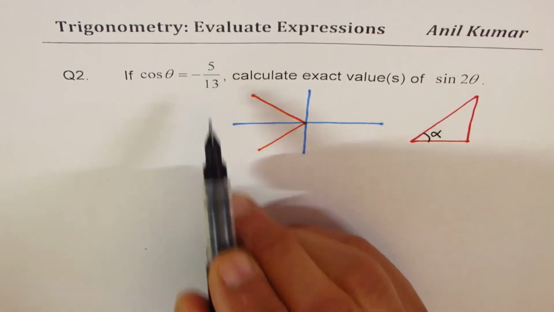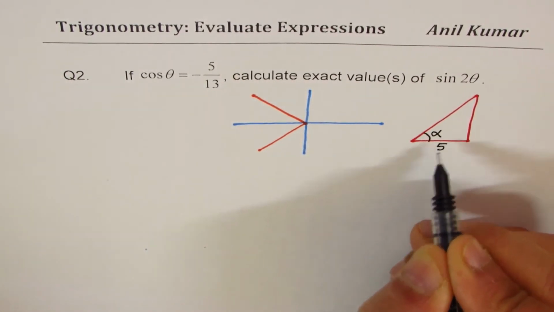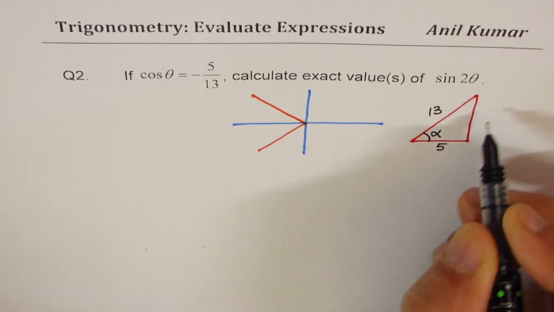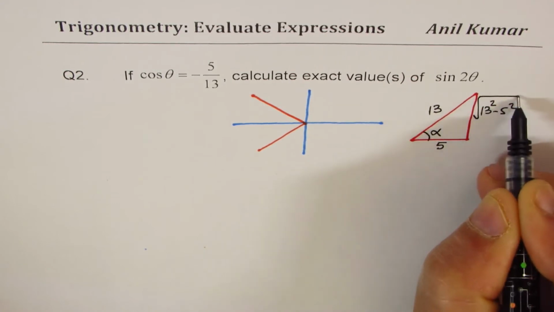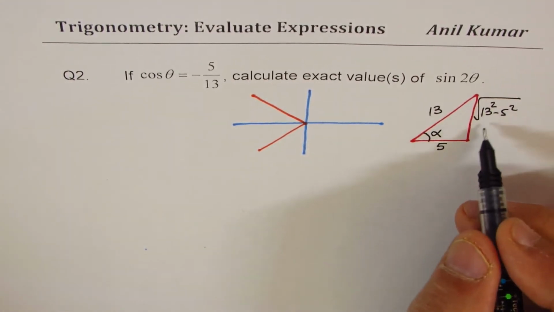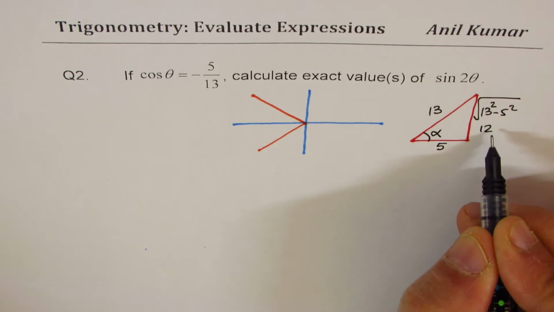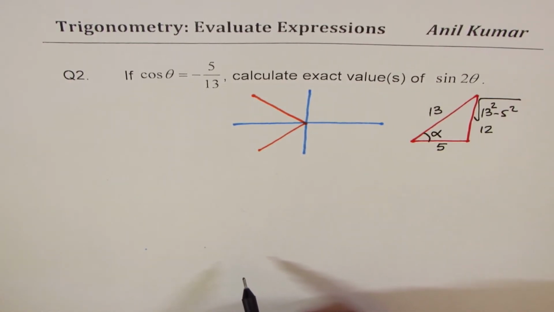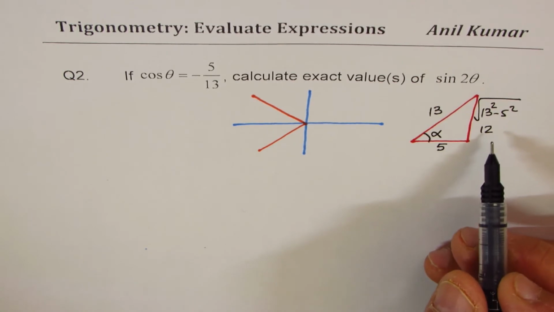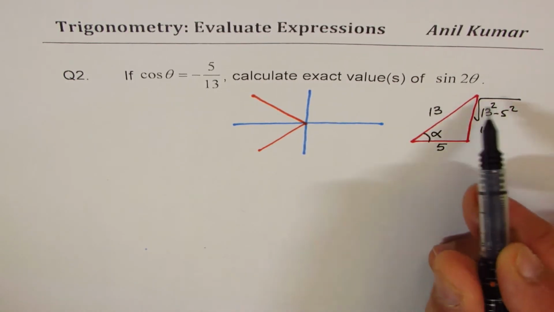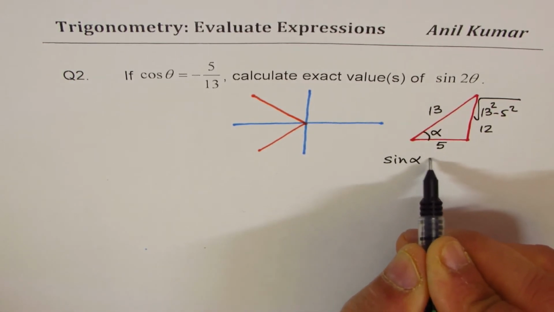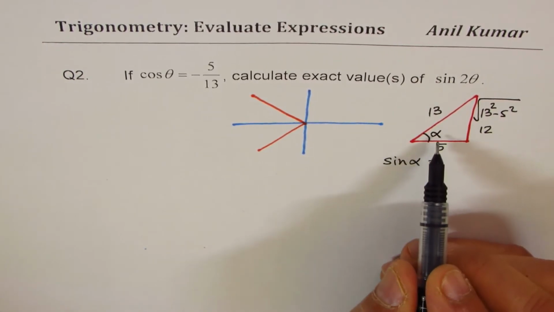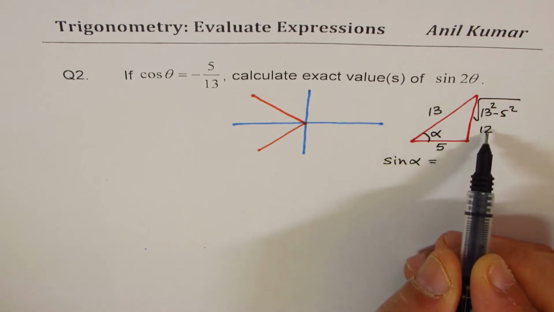Cos value is 5 over 13. So this will be square root of 13 square minus 5 square. If you do this, you get 12. So the sides are 13, 12, and 5. With these sides, sin alpha will be 12 over 13.